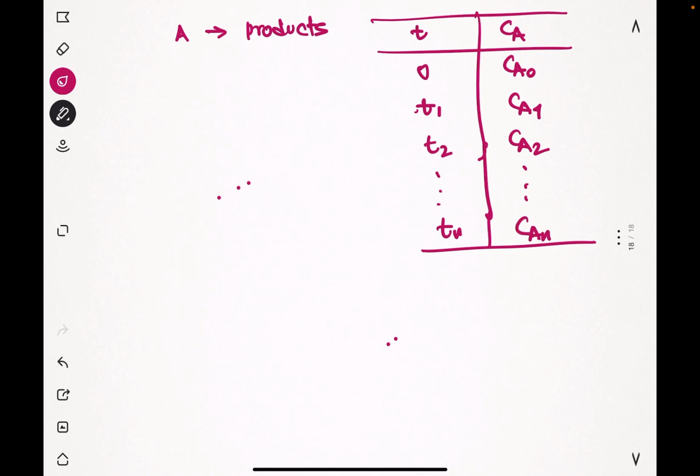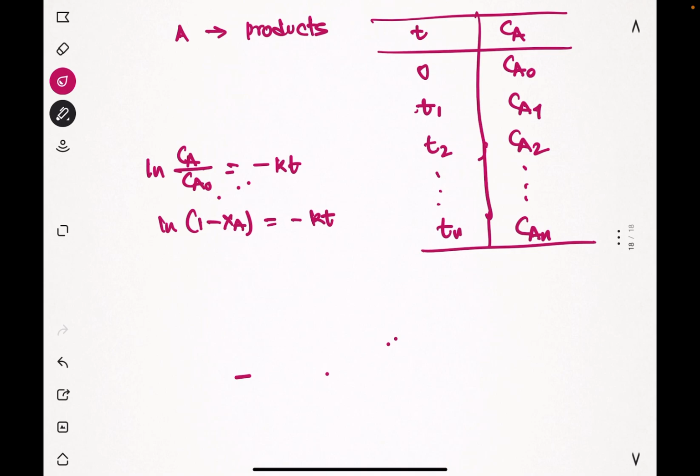Now the linear forms of our equation are, in terms of concentration, the first one, and in terms of conversion, the second one.